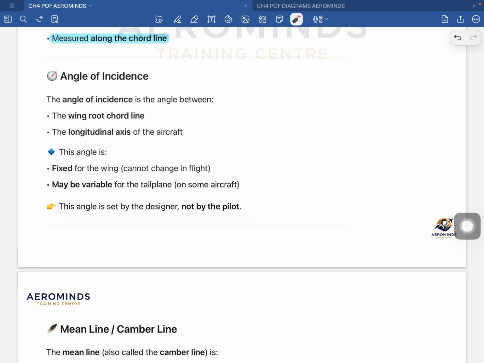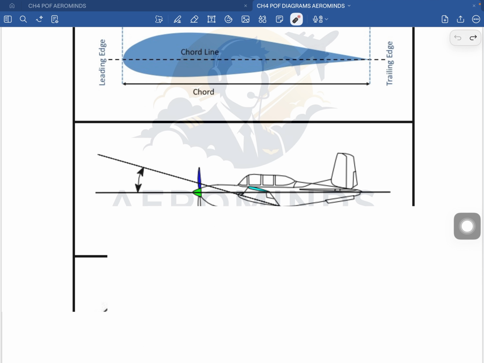The pilot has no control over it during the flight. Many students confuse the angle of incidence with the angle of attack. Remember this clearly: the angle of incidence is fixed and the angle of attack changes in flight. Got it? I'll show you the diagram first.